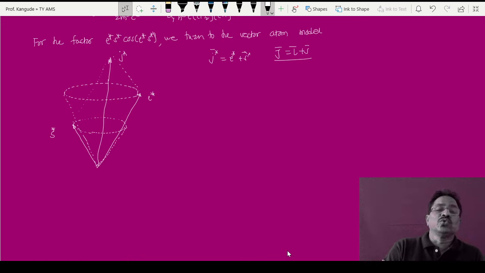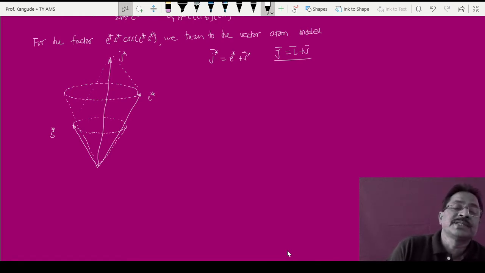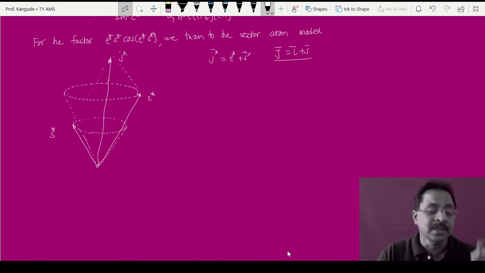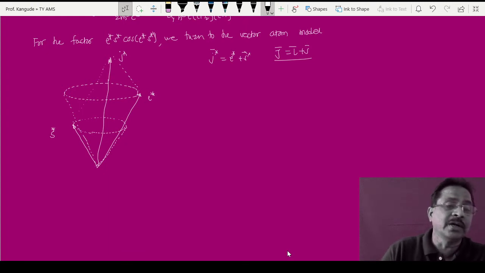Both S star and L star precess around J star, which means I can take another combination where S star gets shifted here, L star gets shifted here, and still I get J star. Whichever values in between you take, the resultant of the two will always be J star. So this is the vector atom model we are using here.